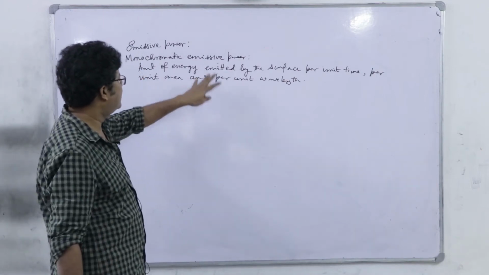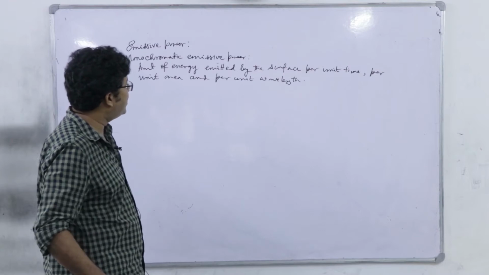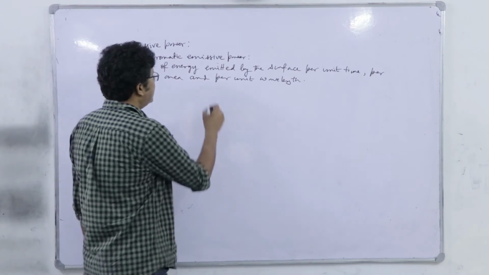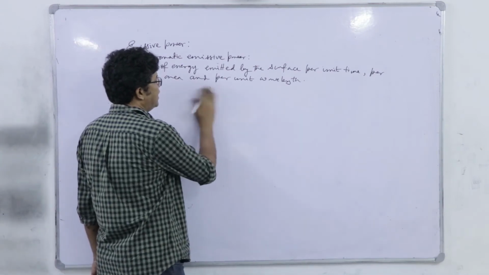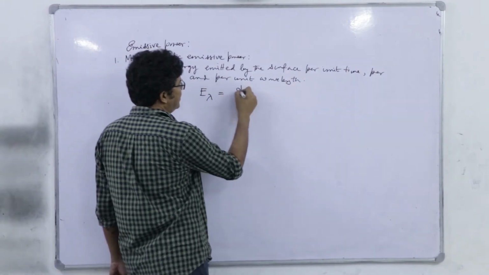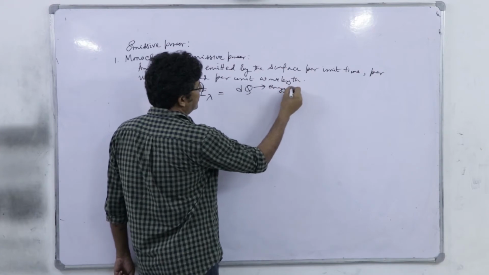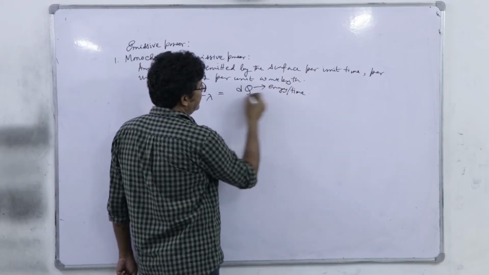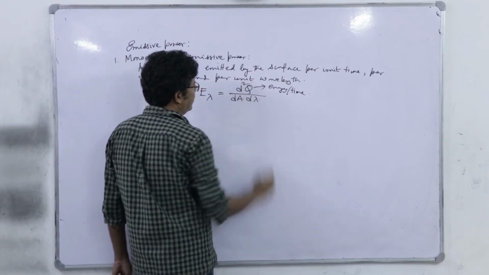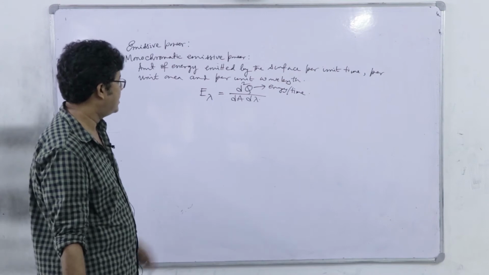Amount of energy emitted by a surface per unit time, per unit area, per unit wavelength. So, you see that we can write it as E lambda, and it is the energy per unit time, per unit area, per unit wavelength. So, here we will have a second order derivative or second order differential, right.